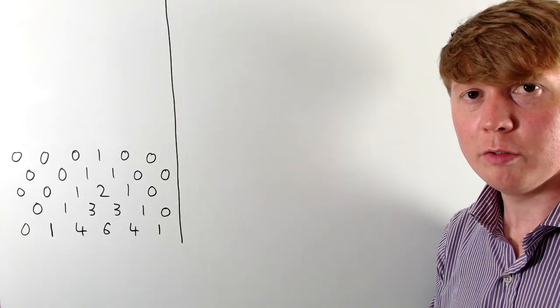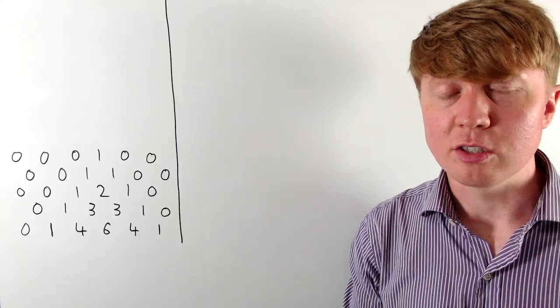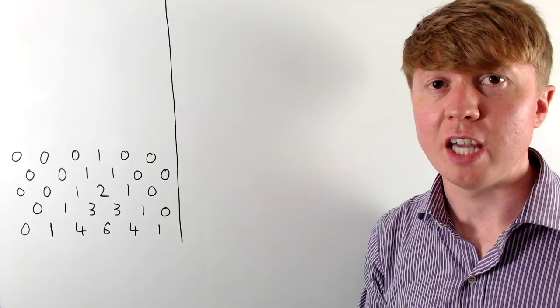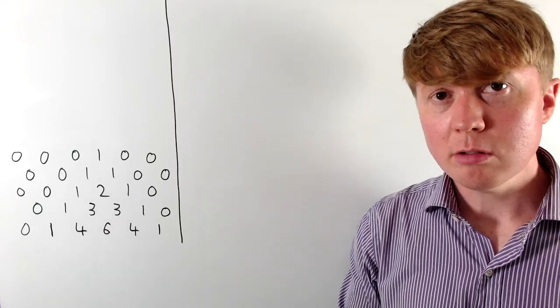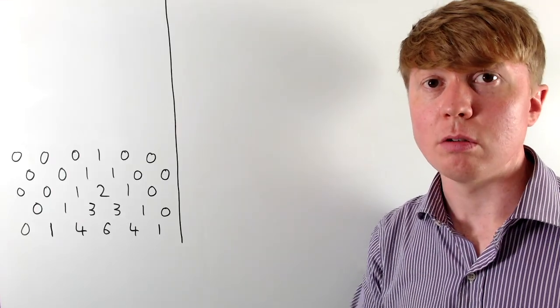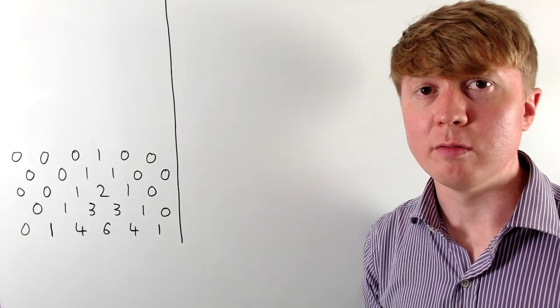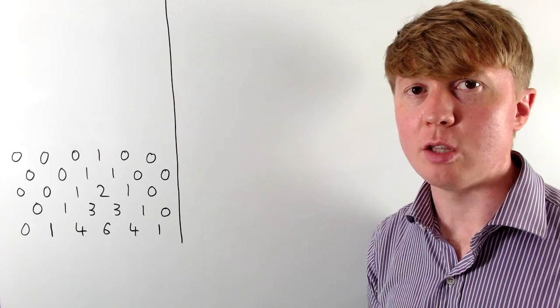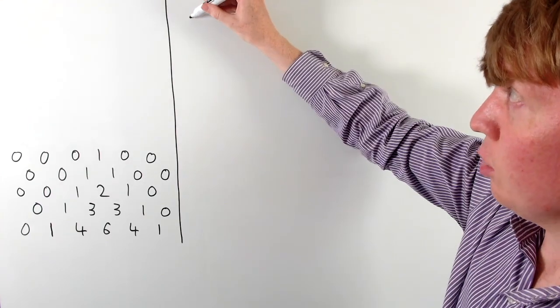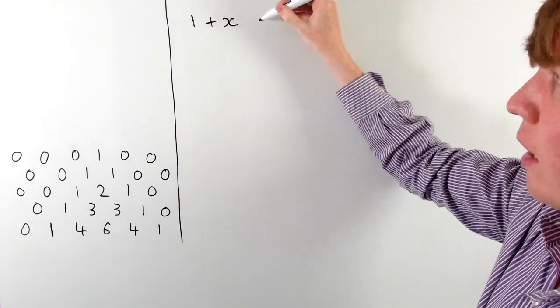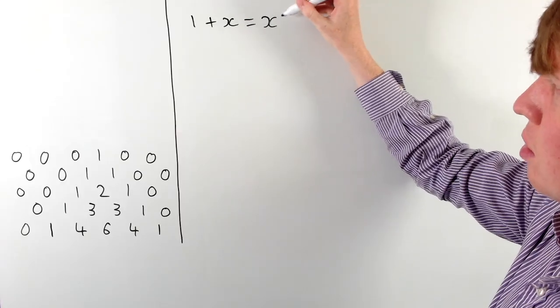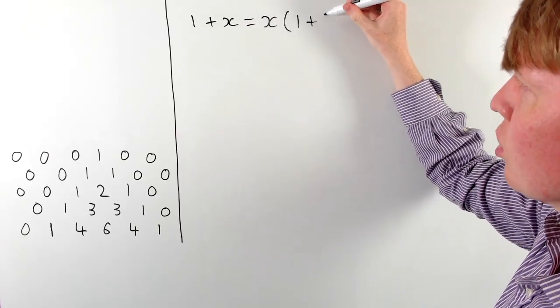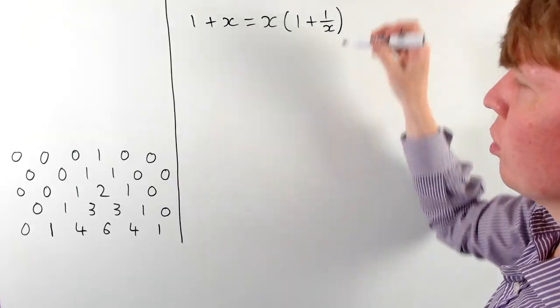Now so far we've only looked at the series expansion valid where the modulus of x is less than 1, but we'll now see there's a neat trick that we can use to work with a series expansion valid when the modulus of x is greater than 1. So we think about the binomial we're expanding, 1 plus x. We can write this as x times 1 plus 1 over x.